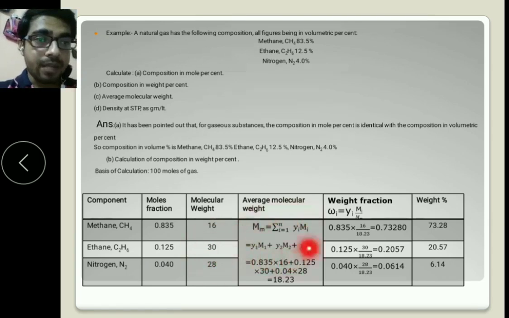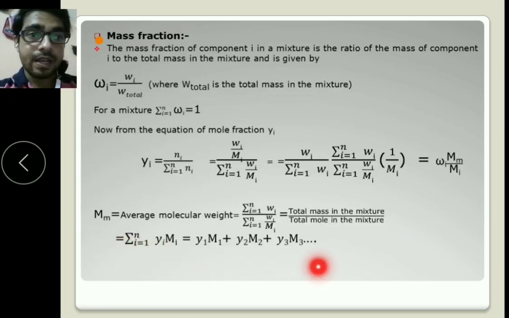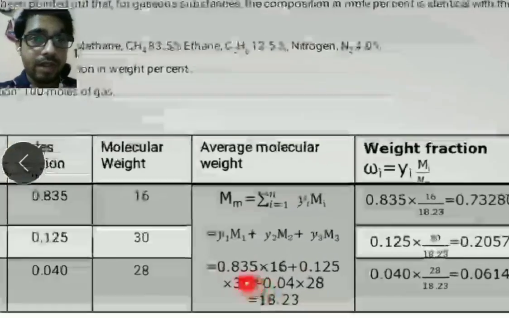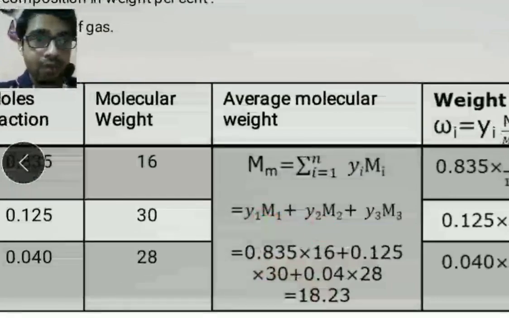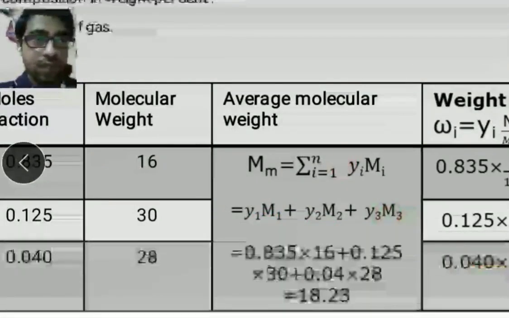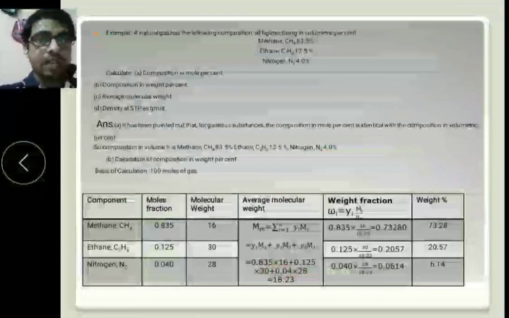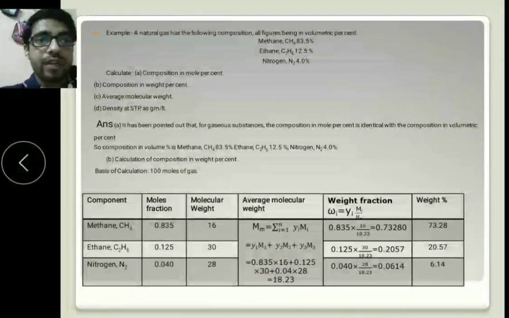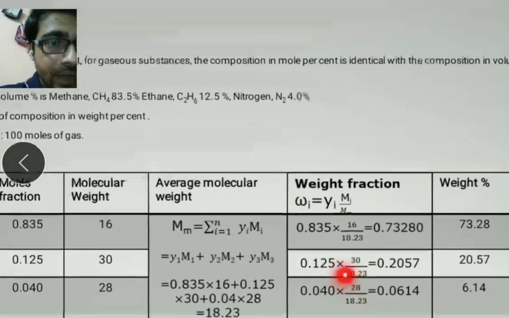For the average molecular weight we use this formula: y1 m1 plus y2 m2 plus y3 m3. As we have three components, 1 to 3, we use this formula. From that we get the average molecular weight as 28.3. For the weight fraction, we know the formula is yi mi by mm.